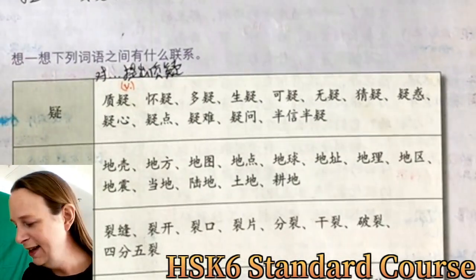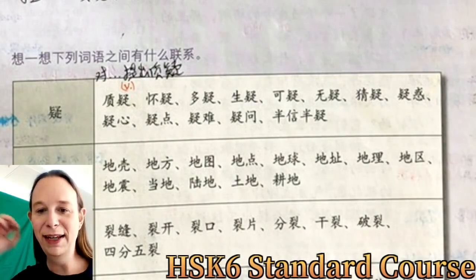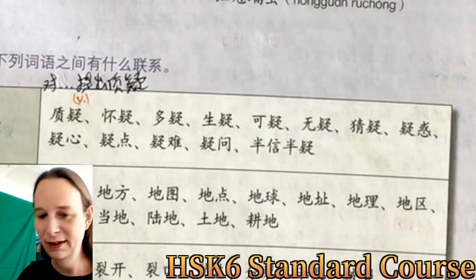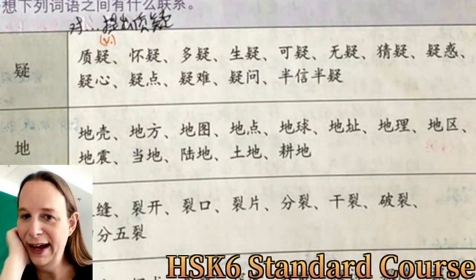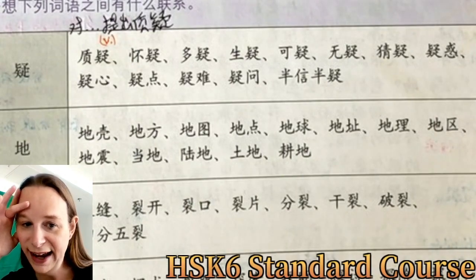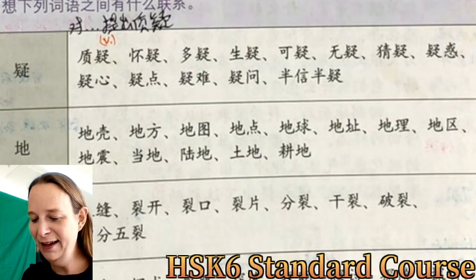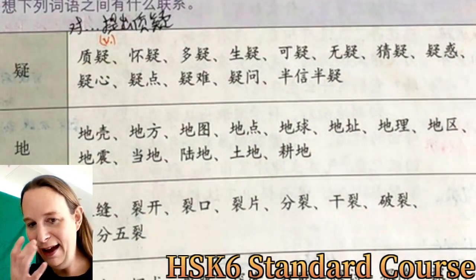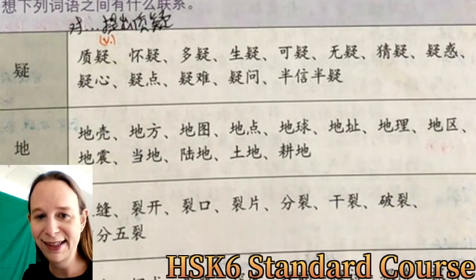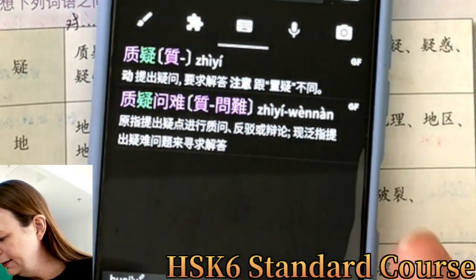All right, next, 怀疑. I think this is the first one we learn as students. Whoops. 怀疑. Okay, so it's a verb and a noun, right? Verb and a noun. It kind of means I am skeptical of this. Or it also refers to doubts as a noun. 怀疑.